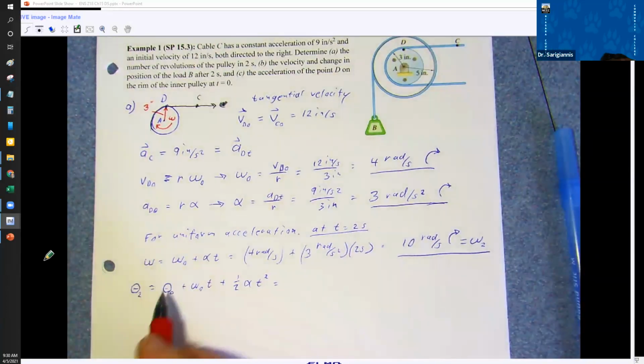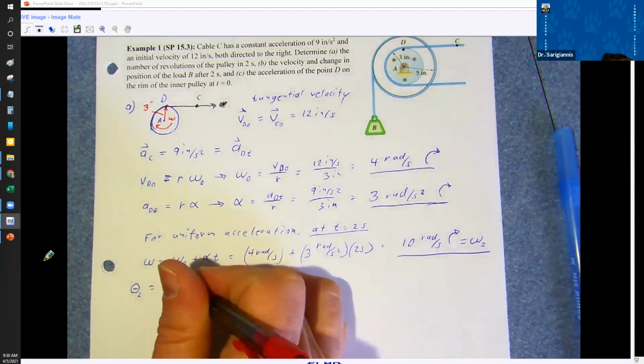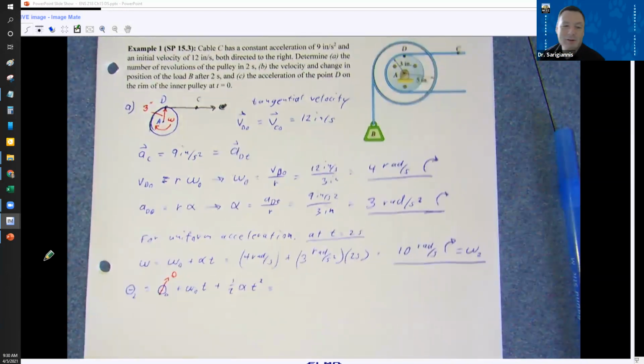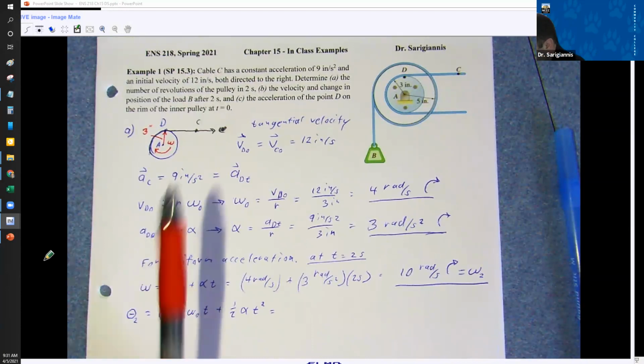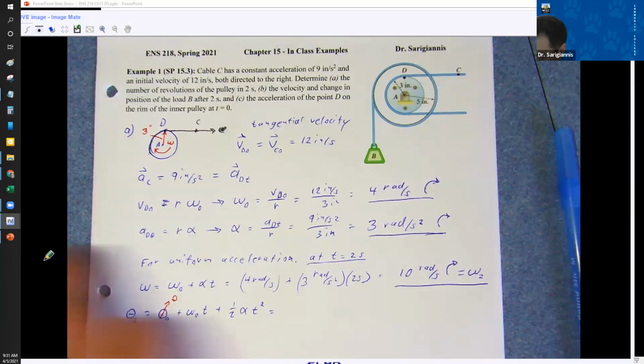This first component, theta naught, is 0, right? Initial theta you can just pick arbitrarily. We're picking our initial theta as starting like this, so that's just 0. We want to know after 2 seconds how much theta we have rotated, and this is going to be in radians. And then from that, we can get the number of revolutions.